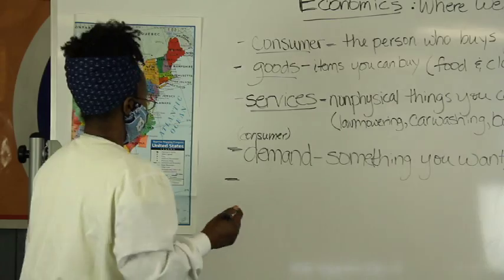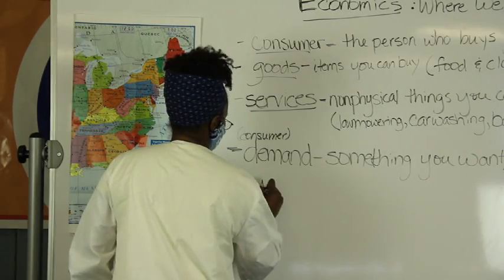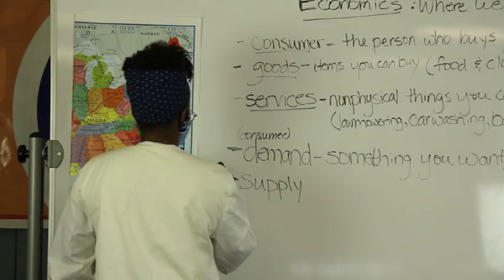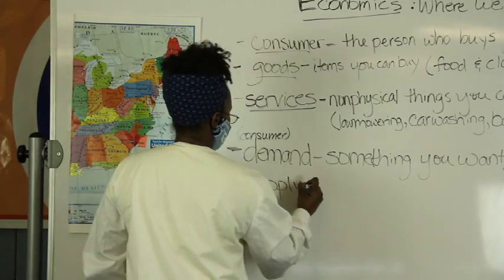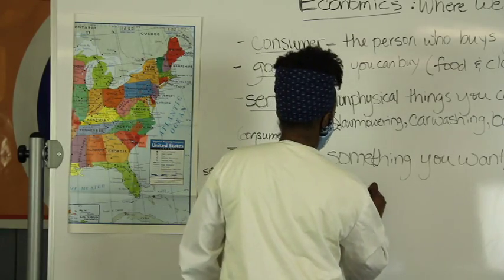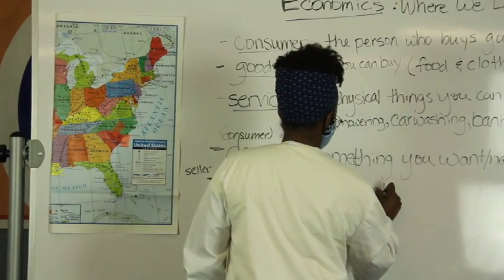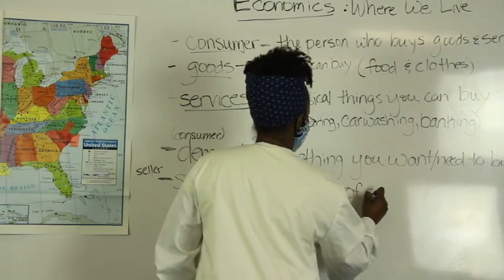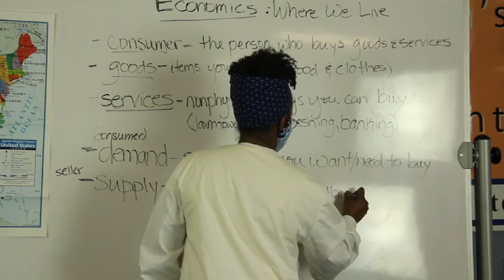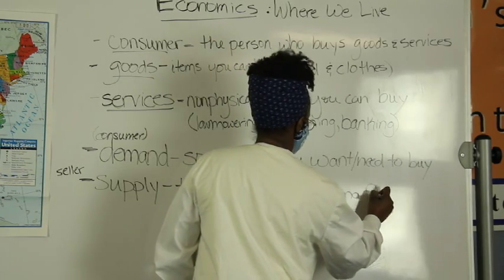So you have to have a supply. And that comes from the seller. That's the amount of something for people to buy.